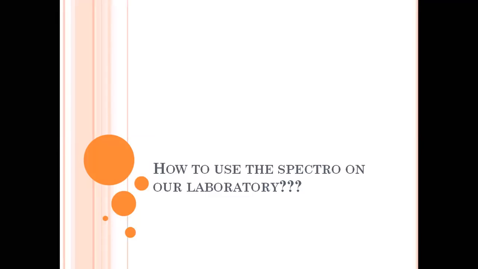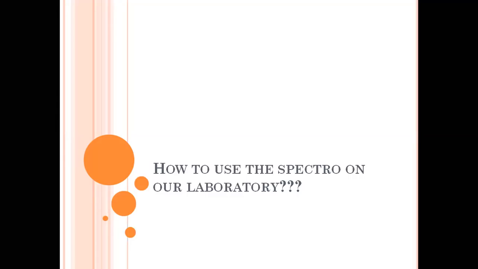Let's now proceed to how we are going to use the spectro in our laboratory, because this is very important. You should be familiar with this because you might encounter it when you become an intern or a medtech in some laboratories, sooner or later.